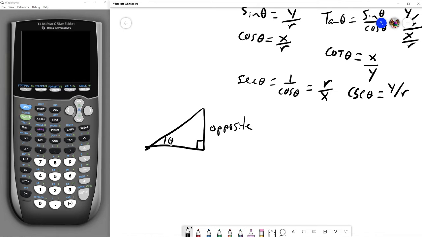It is literally across the way from this angle, so it's opposite. This one here is called adjacent because it's right next to our angle. And we leave this one as the hypotenuse.